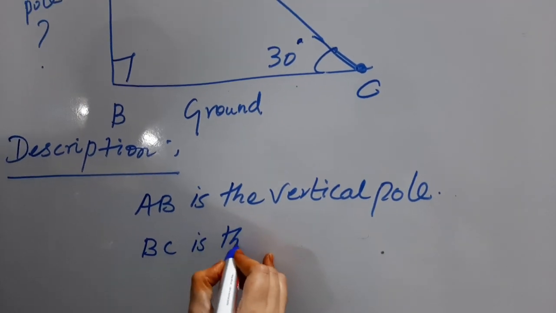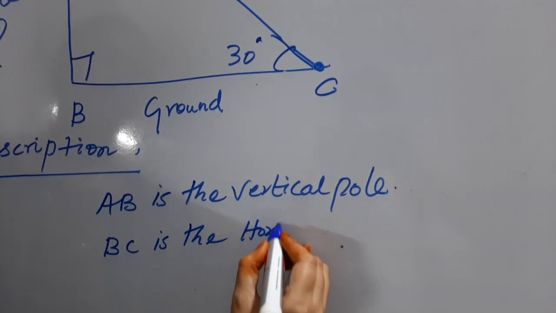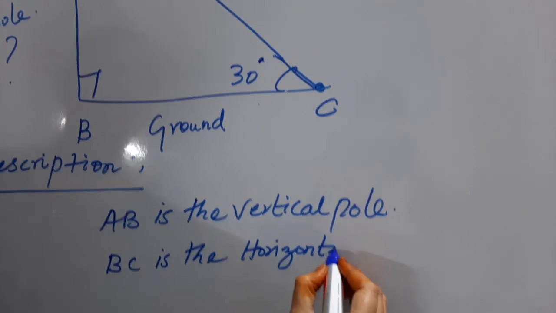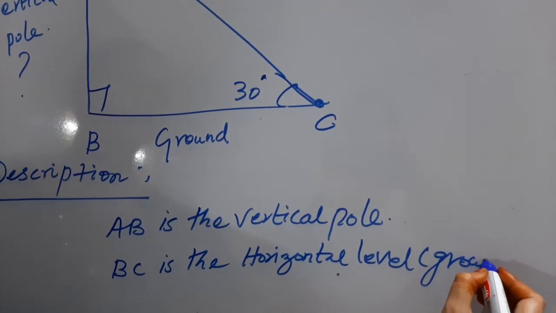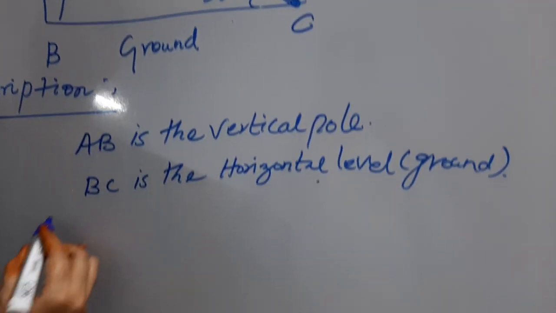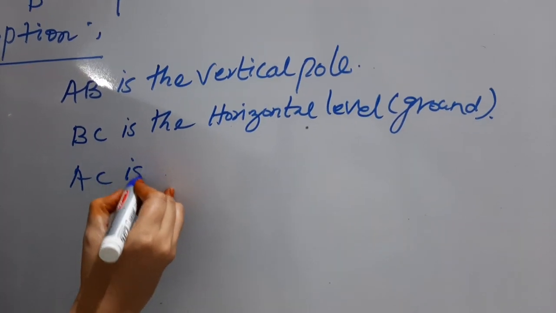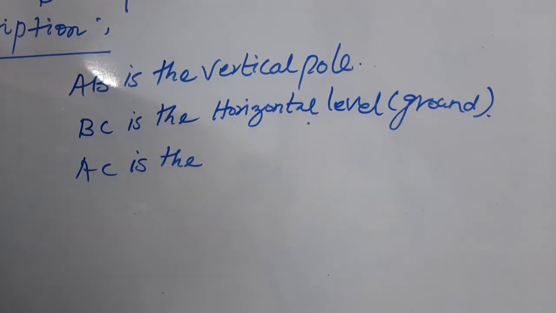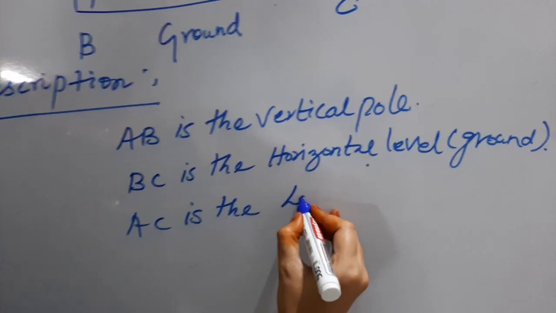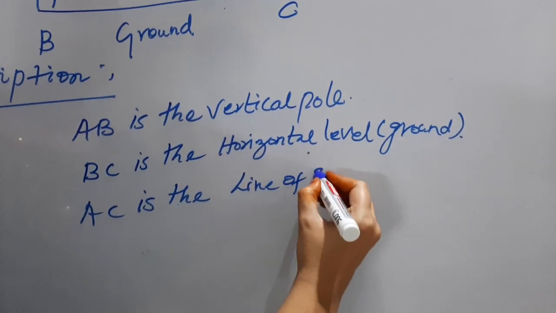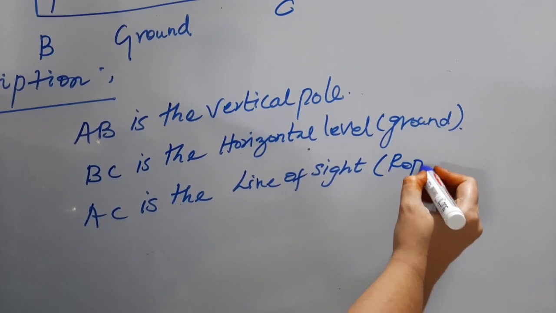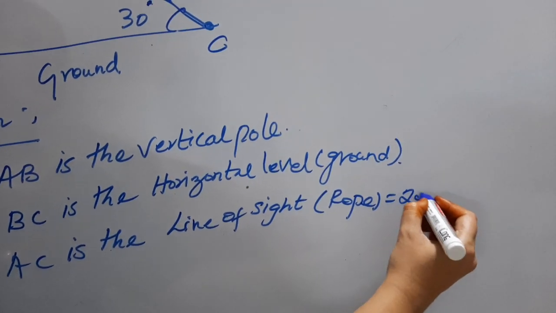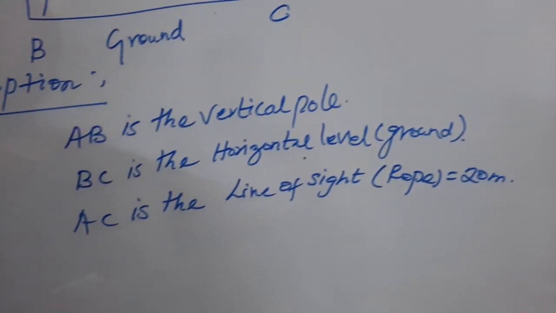BC is the horizontal level, that is the ground, and AC is the line of sight, as well as the rope, and its length is 20 meters.